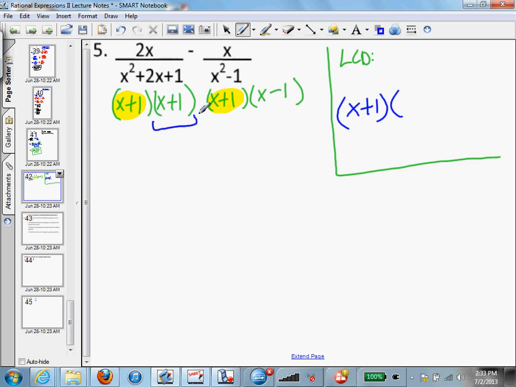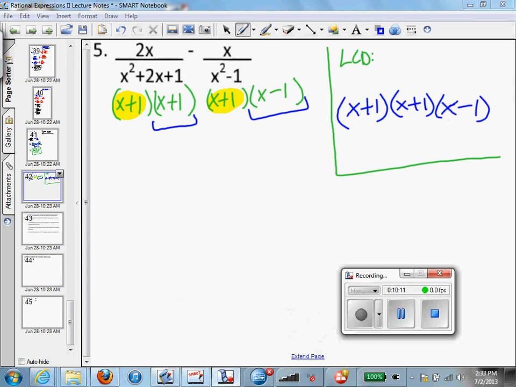And then we would also have to add the extra x plus 1 and the extra x minus 1, and that would be our LCD. And that's as far as we're going to take that problem, because it would be very long and lengthy and really, honestly, not worth it to solve this, because it would take so much energy and time.